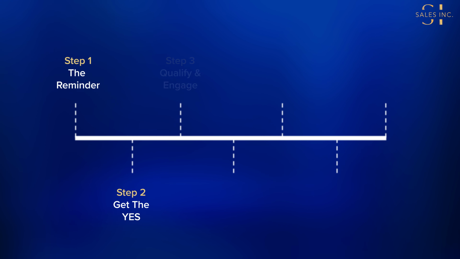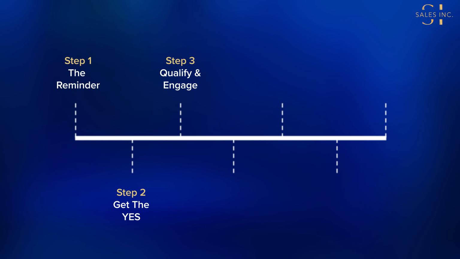Now we want to get through to the next stage of qualification. I call this stage qualify and engage, and it is the third step of a sales pitch. So the qualification is simple, especially if you're making a B2B sales phone call, or even if you're making a straight up phone call to, let's say, just an everyday consumer who maybe you want to sell some information to, or some sort of subscription to, is qualify them further.